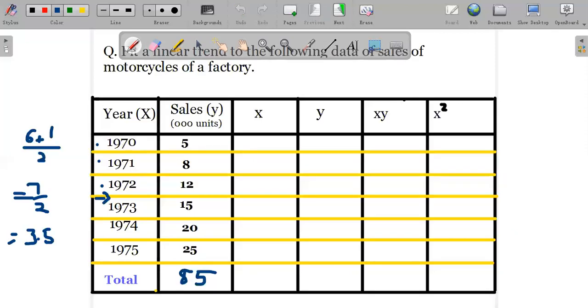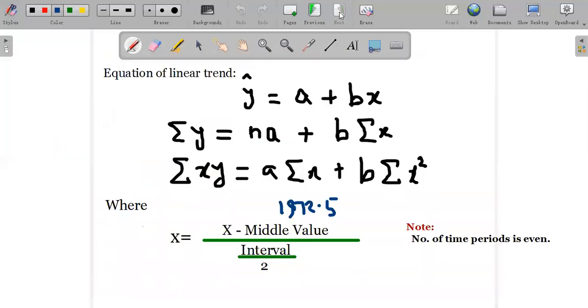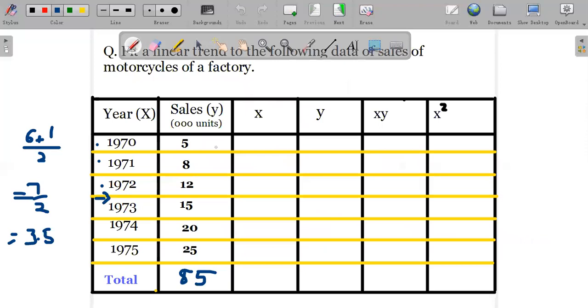So x for the first is 1970 minus 1972.5 divided by interval 1 over 2, which is 0.5. So 1970 minus 1972.5 means minus 2.5 divided by 0.5. Okay, so we get minus 5.